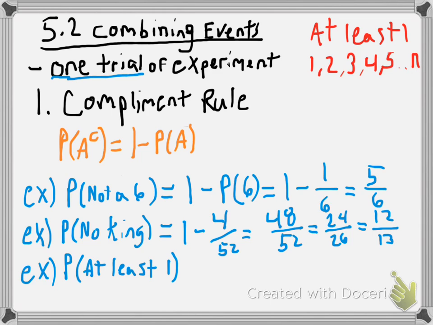So at least one means everything but 0. Let's say we were talking about the number of people waiting in line. There could be 0 people waiting in line. So we want everything but 0. So we do 1 minus the probability of 0 people waiting in line, and then we can get that answer. The only thing is I don't have an experiment where we can figure out what the probability of 0 is. So I'm just showing that this at least one thing is going to be a fairly common thing we're going to see.